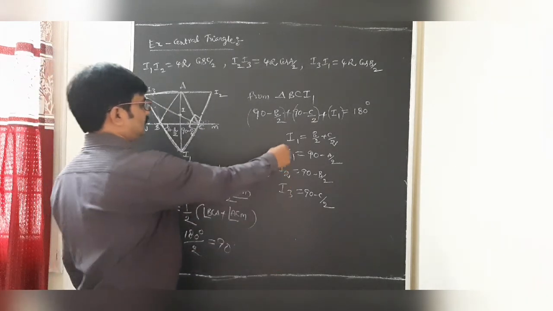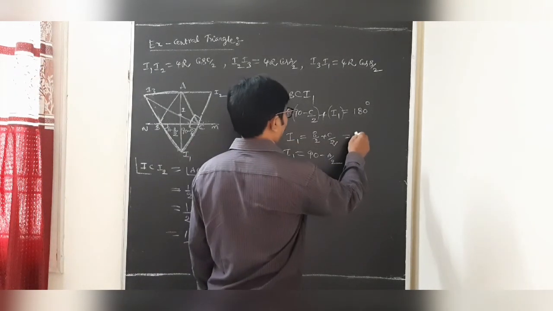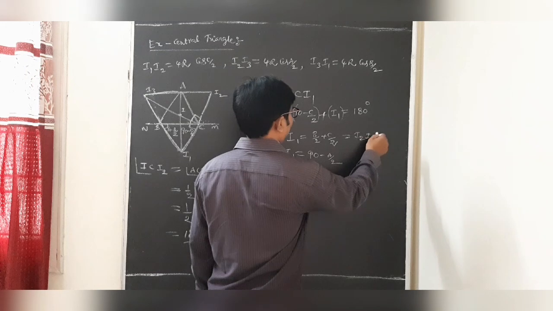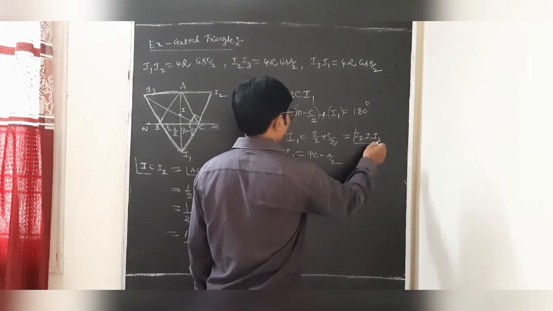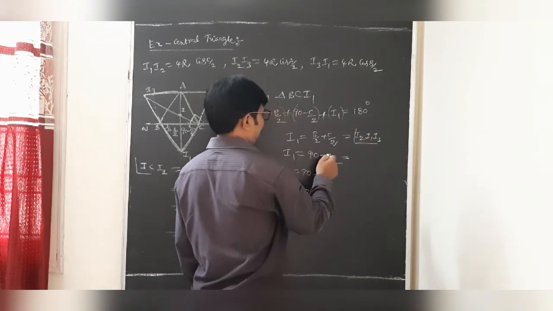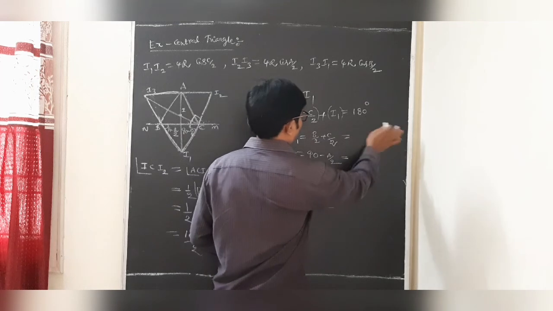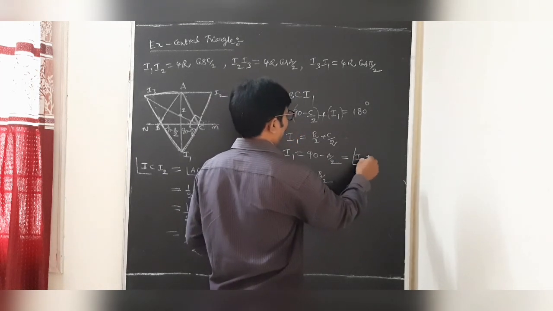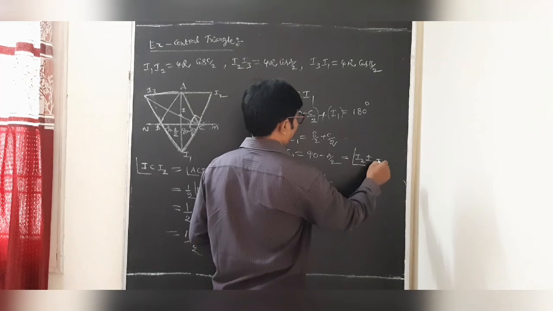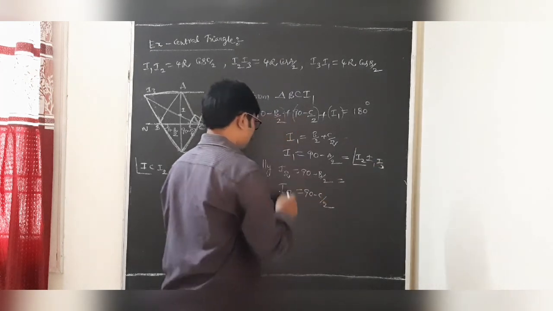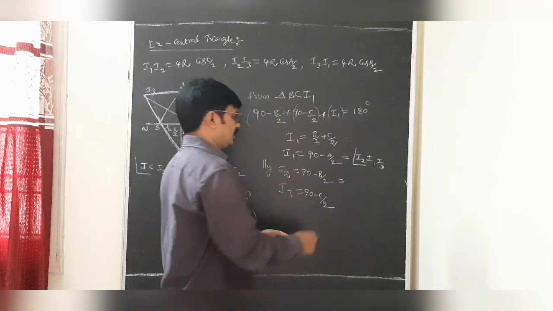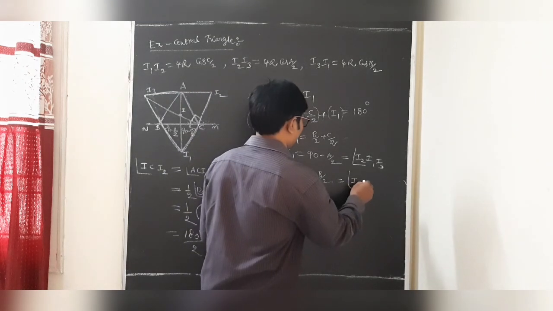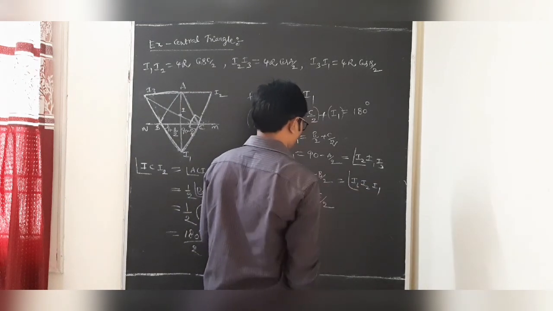The angle at I1 can be written as angle I2I1I3. After that, we can write the angle I3I2I1.